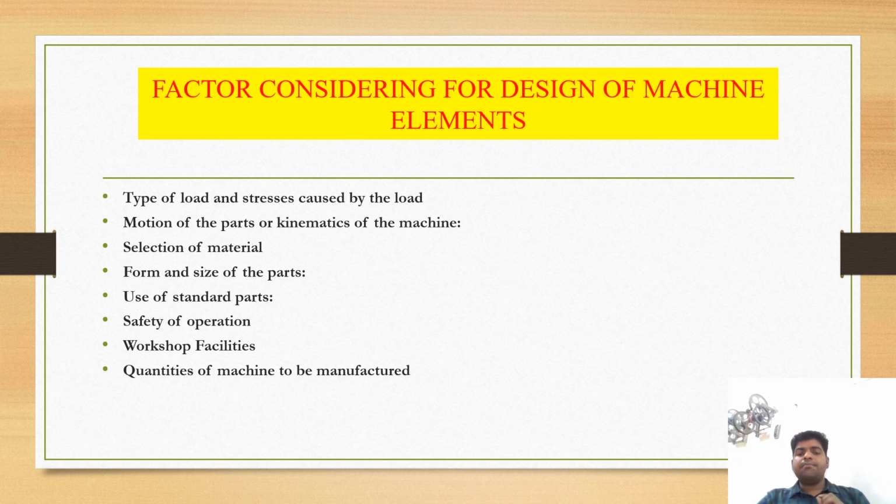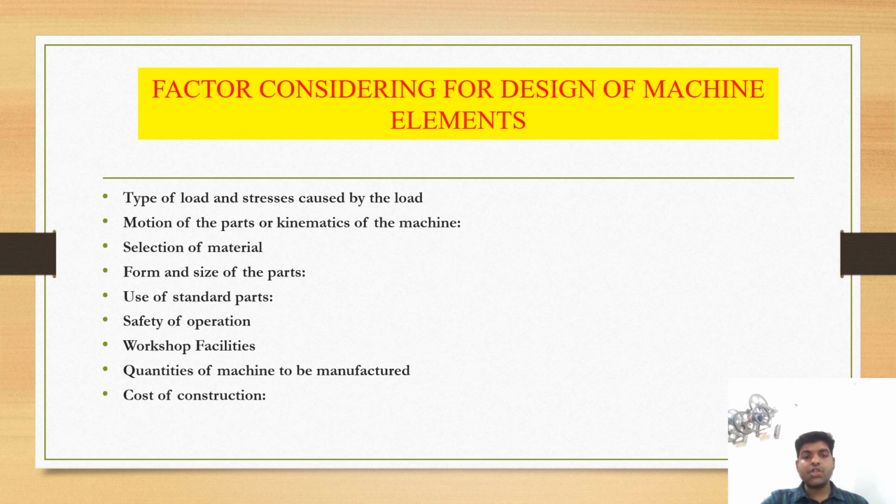The number of machines to be manufactured affects the design in a number of ways, as it directly affects the economics involved in the process, and it also deals with the profit of the firm or the industry.